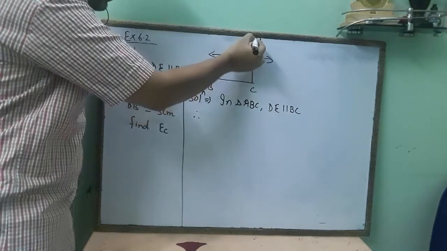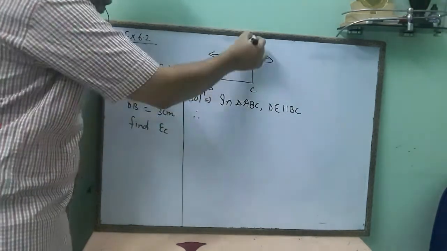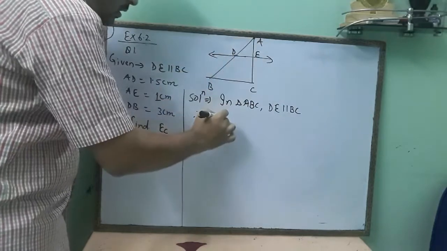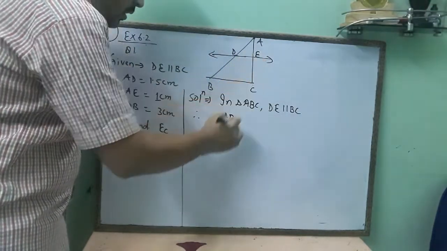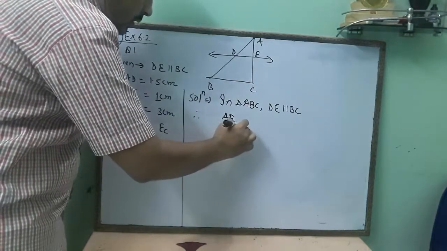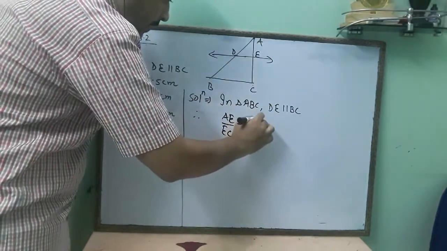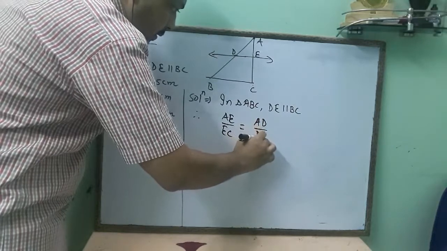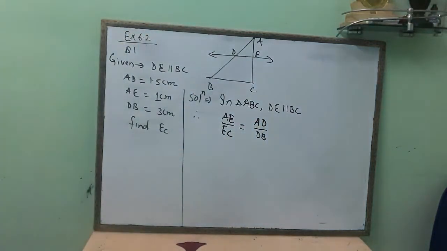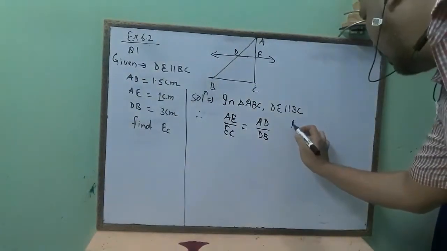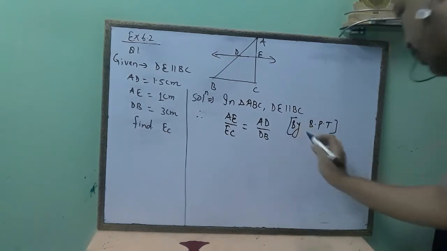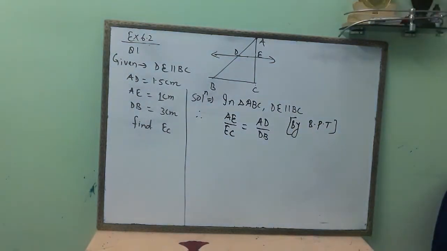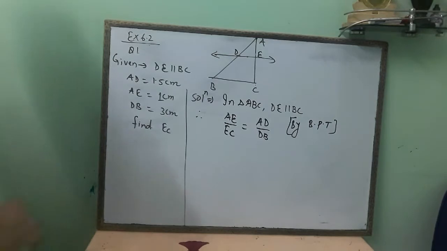Just see opposite to this, the vertex is A. Start from A. First is AE, then after E to C, it will be AE by EC is equal to AD divided by DB, that is the ratio if DE is parallel to BC. Here we will write BPT, basic proportionality theorem. Now put the value of each thing and find the value of EC.